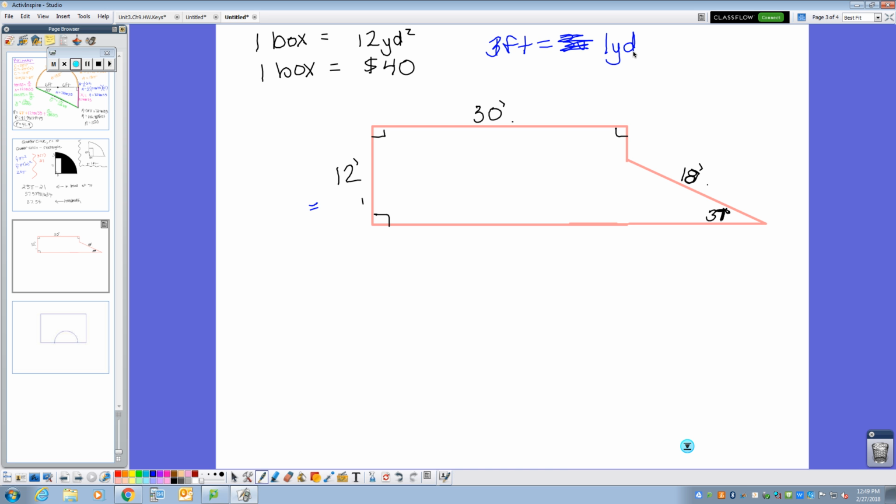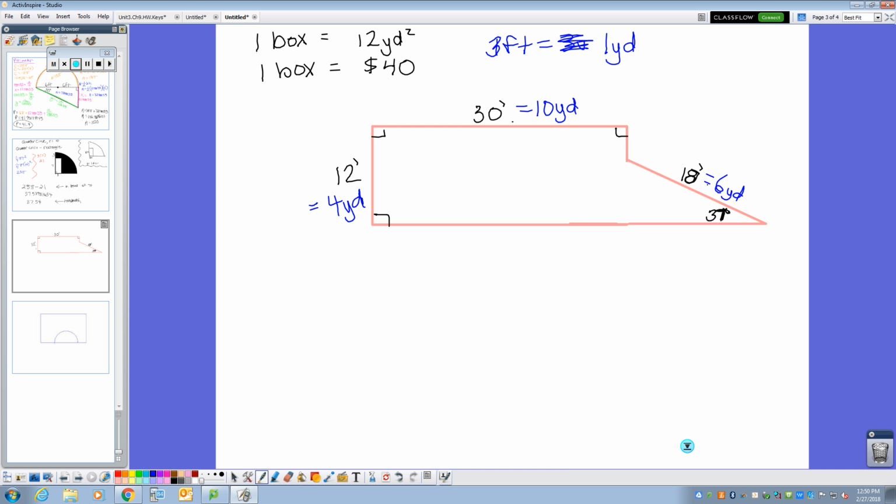And so if this is 12 feet, this is 4 yards. And if this is 30 feet, this is 10 yards. And you can use the conversions on your reference table to get the 3 feet is 1 yard. 18 feet is going to be 6 yards.